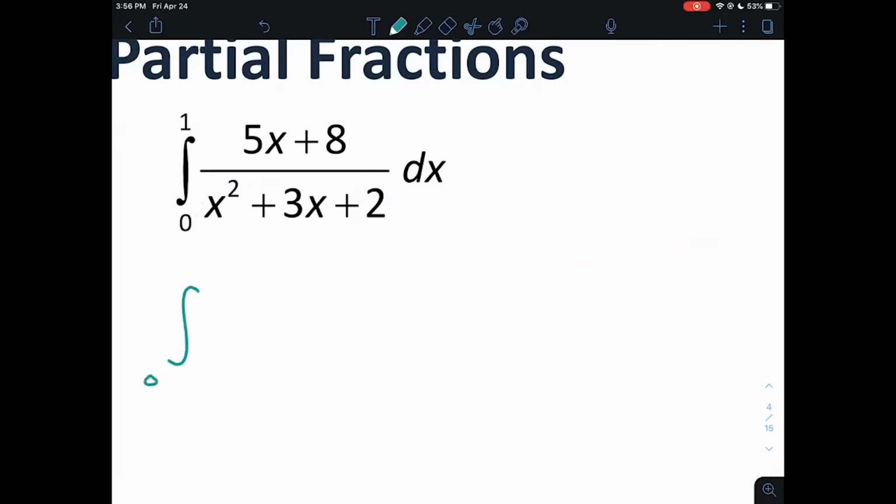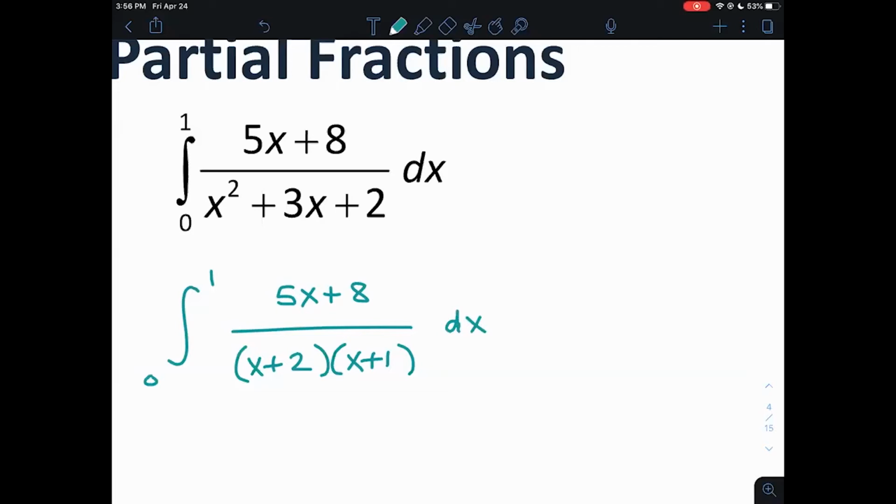So we can factor this denominator into x plus 2 and x plus 1. My numerator is just going to stay as 5x plus 8 dx.